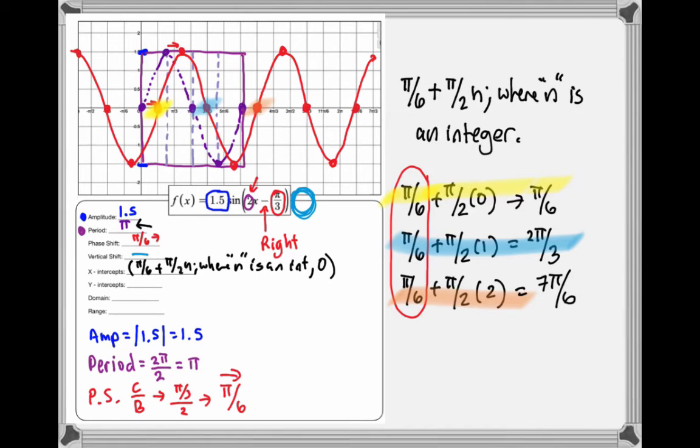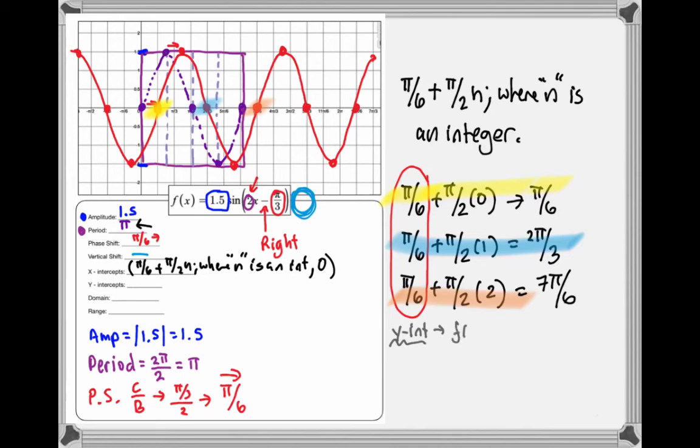Okay, so the next thing we need to do is the y-intercept. And for the y-intercept, we're going to have to use our knowledge of the trig ratios. So I hope you're ready. We're going to let x equal 0, of course.